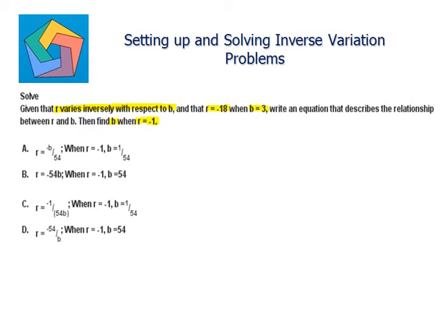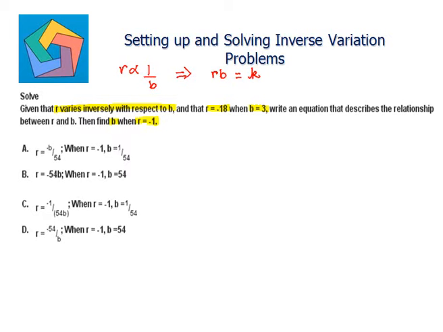So here my R varies inversely with respect to B. This implies I can say R times B is equal to some constant K. Here K denotes the constant of variation. So R times B is equal to K, and I am given that R is negative 18 when B is 3.